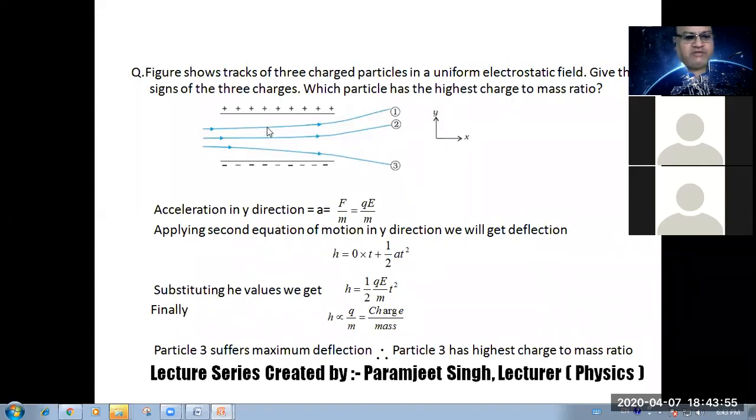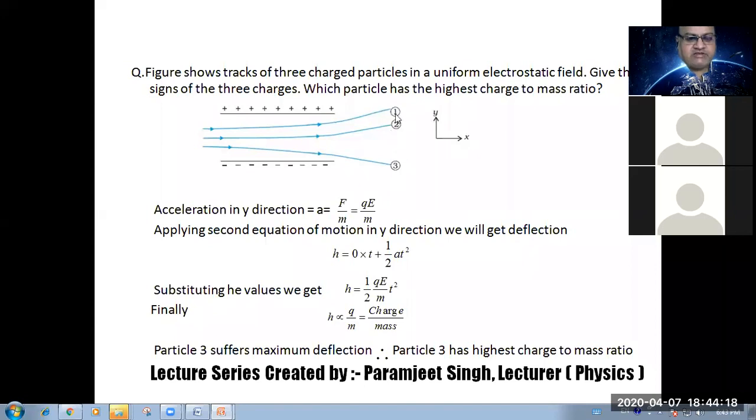After traveling some distance, they start deviating from their path. See, one is deviating in this direction, the second is also deviating in the direction of one, but the third particle is deviating towards the negative plate, downward. This is the x-axis, this is the y-axis.